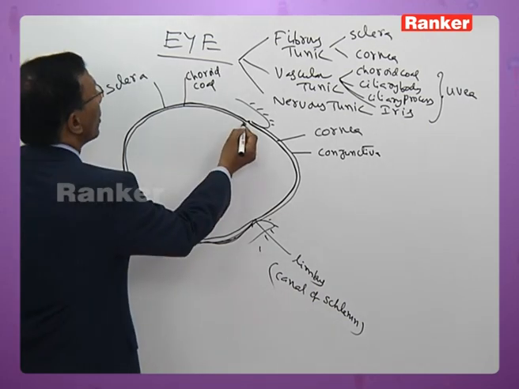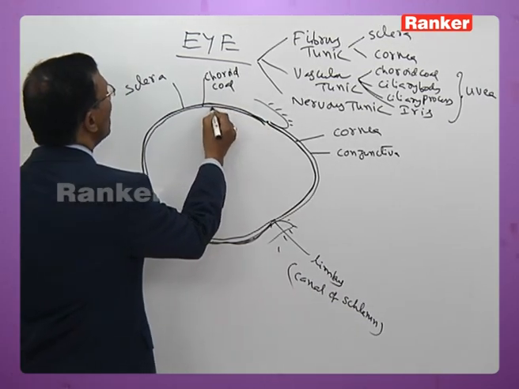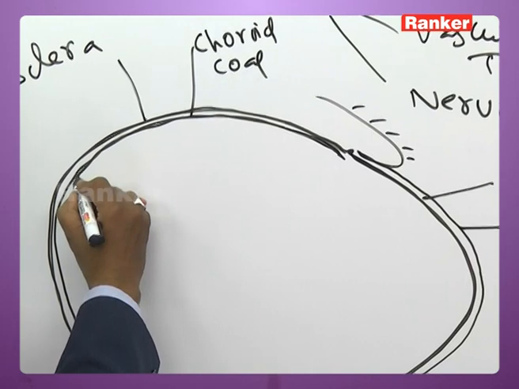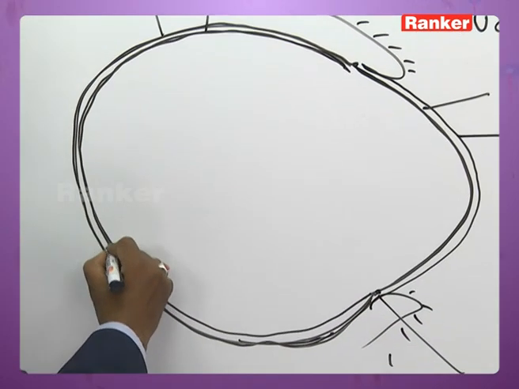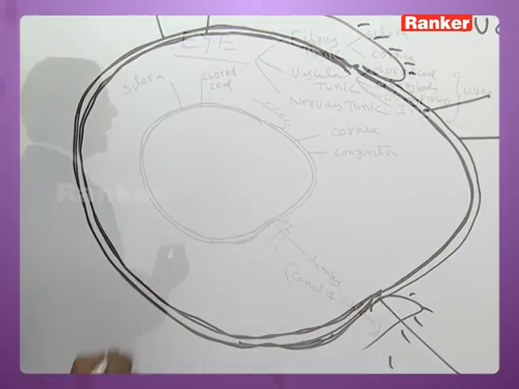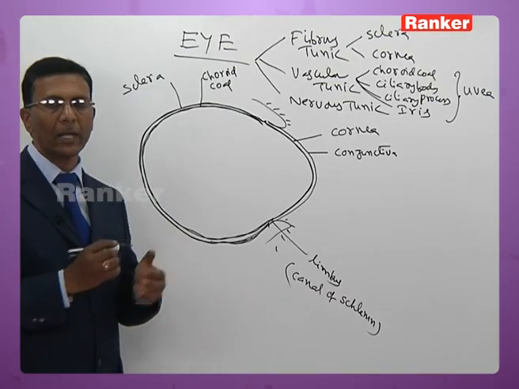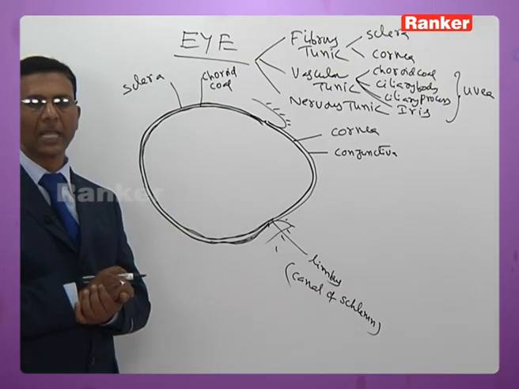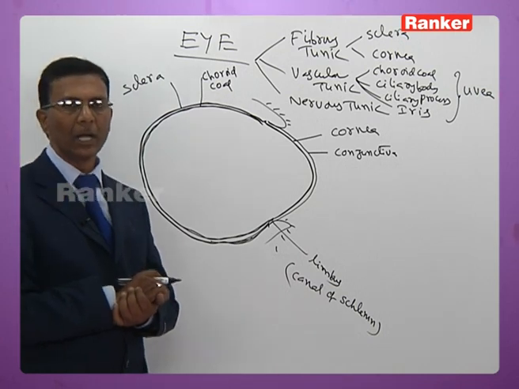So this is the choroid coat that lies below the sclera. This choroid coat is pigmented and made up of numerous blood vessels. It is highly pigmented to prevent reflection of light rays, and at the same time it has numerous blood capillaries.